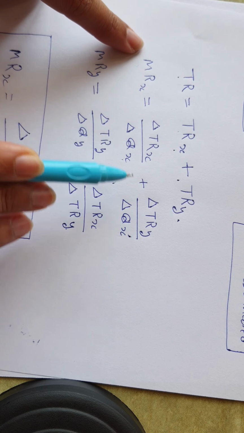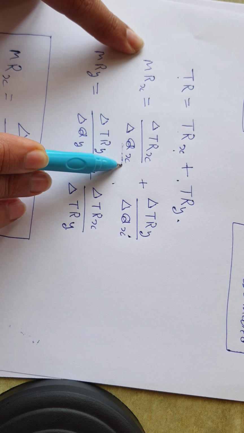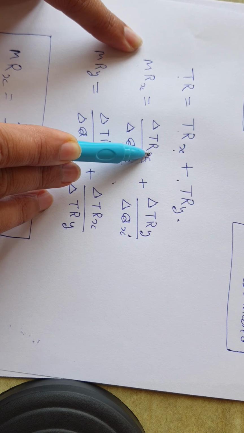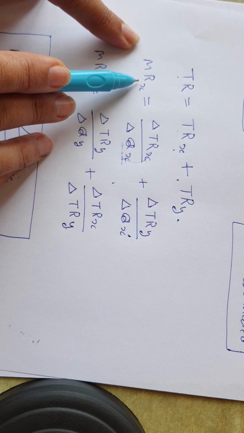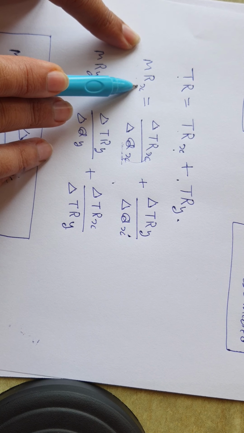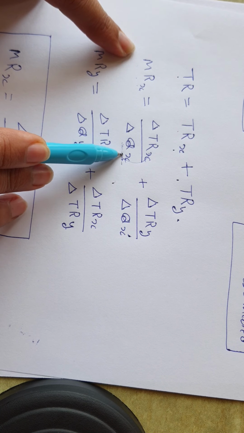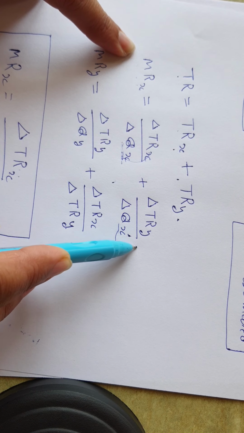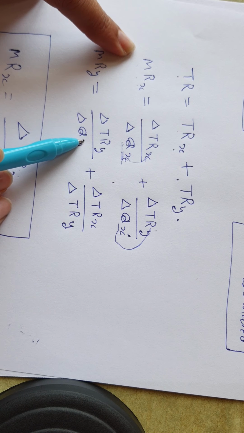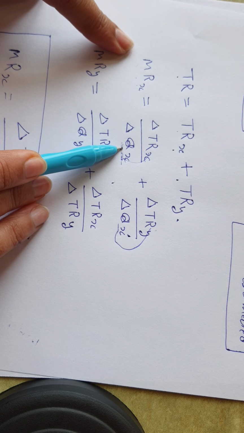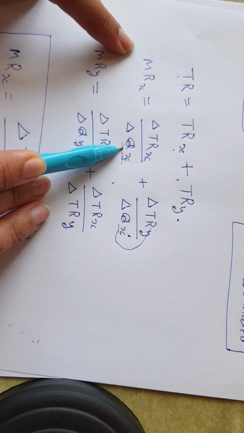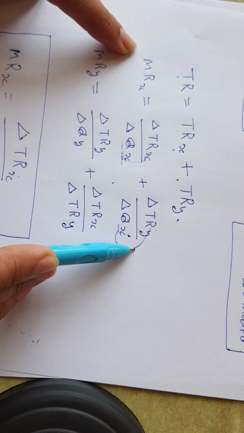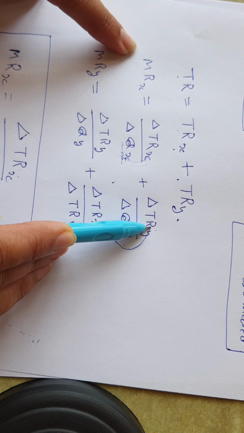If you produce one more of X, it will add something to your total revenue, which is called marginal revenue. But because of producing one more X, the revenue of Y is also affected. It will not only affect the total revenue of X, but the total revenue of Y also.